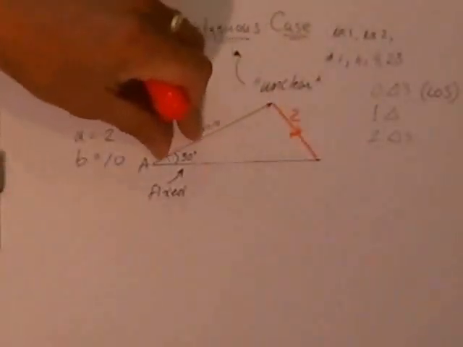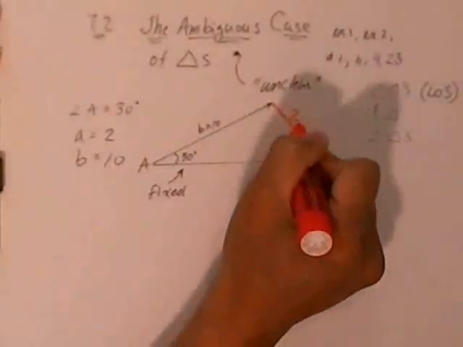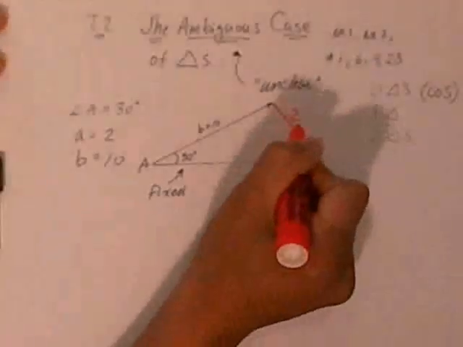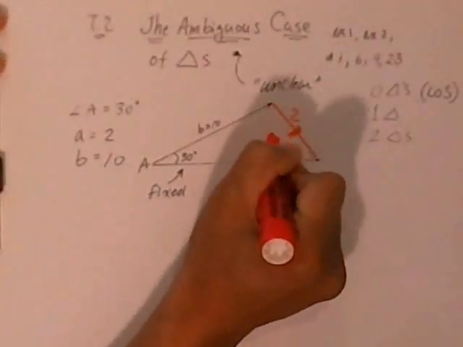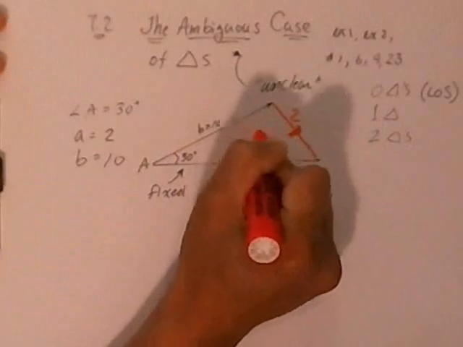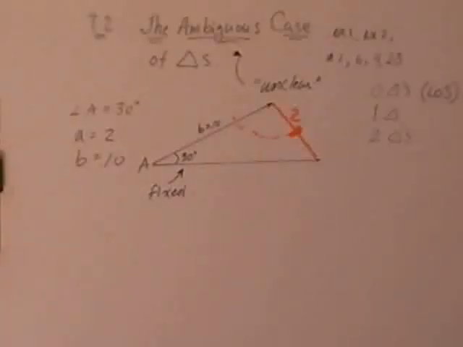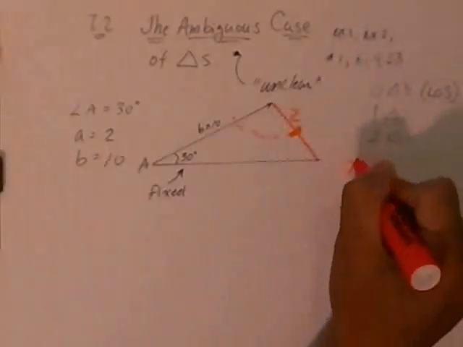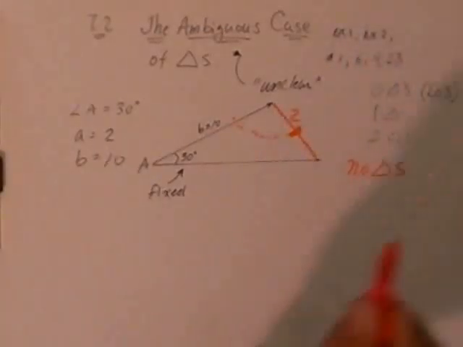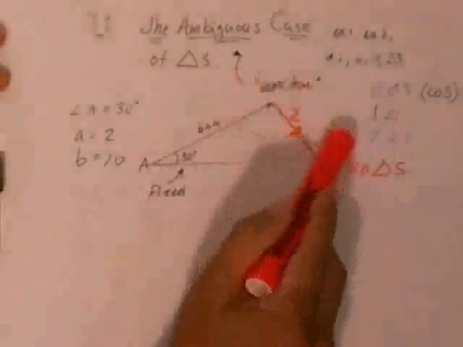It should be a little bit smaller than that. But still, since this length is 2, you can kind of arc it back and forth. They'll never touch the side. And therefore, you're going to have no triangles. This is the way you see it graphically.